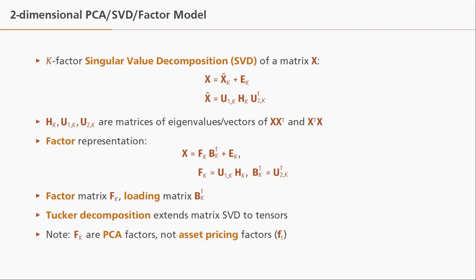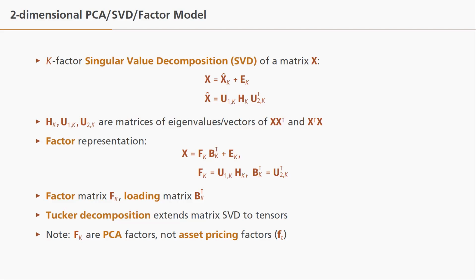We can compute the K factor truncated SVD, and then the SVD approximation to the data will have this form, where H is the diagonal matrix of eigenvalues, and U1 and U2 are the eigenvectors of X times X prime and X prime times X. Once we have the singular value decomposition, this implies a factor representation. This would be the factors, this would be the loadings matrix. This is the standard PCA that we are all familiar with.